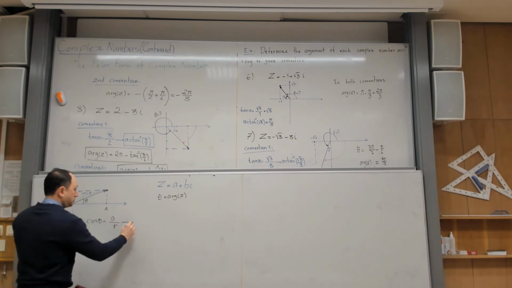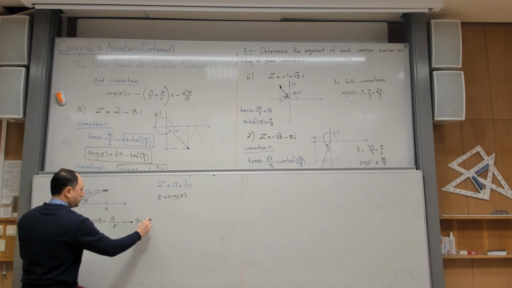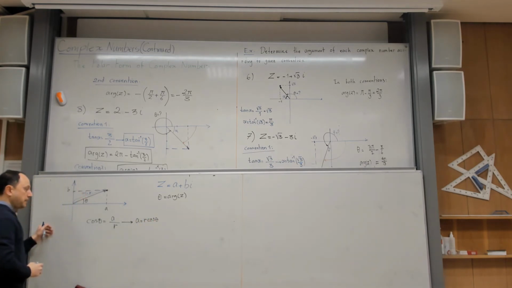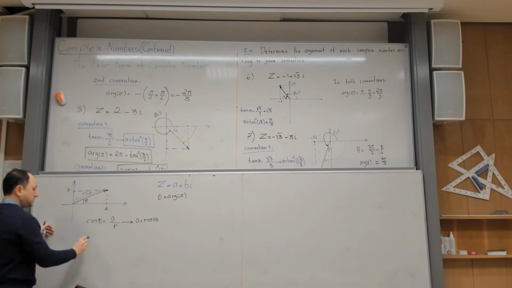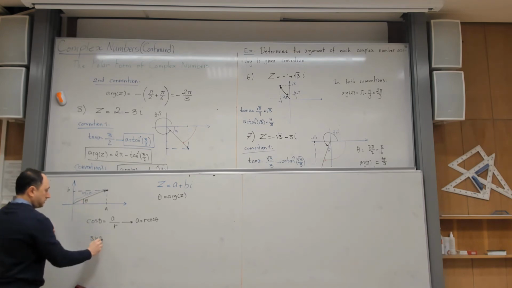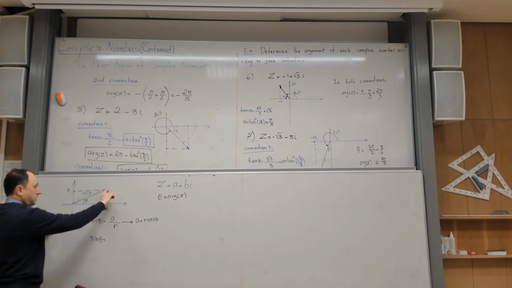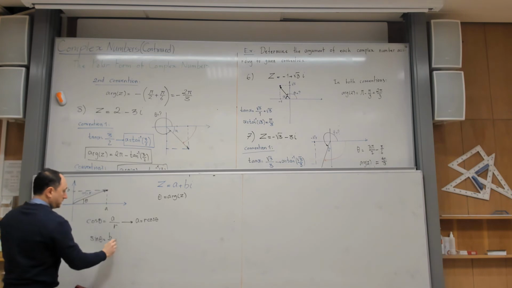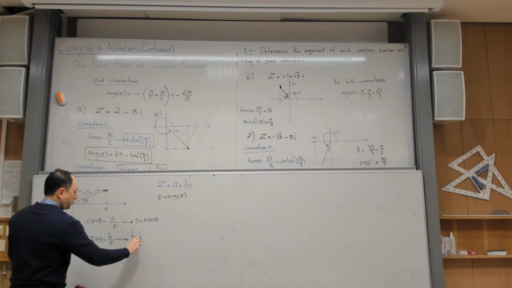So from here you realize that a is r cosine theta. Yes? And if I write the same thing for sine, sine becomes the opposite side, which is b, divided by the hypotenuse, which is r again. But then you realize that b is r sine theta.